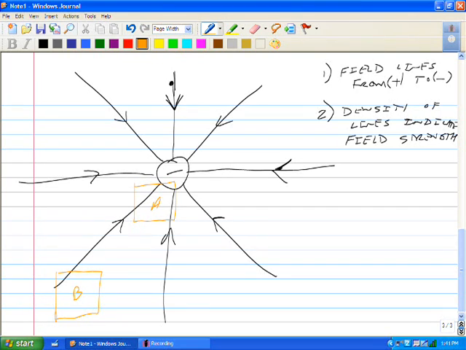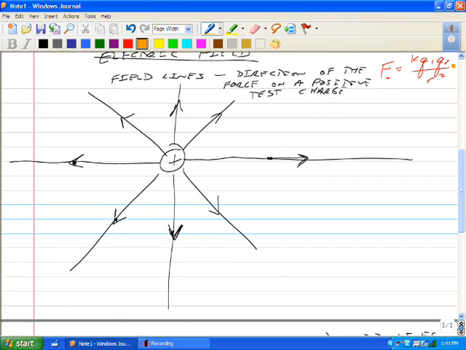Yeah, the field lines are more dense in A than they are in B. That's because the electric field is stronger at A than it is at B. And that makes sense to me because why? Exactly. The smaller the radial distance, the closer I am to the charge, the stronger the force, and therefore the larger the field.